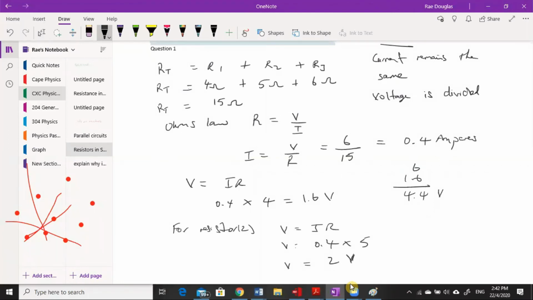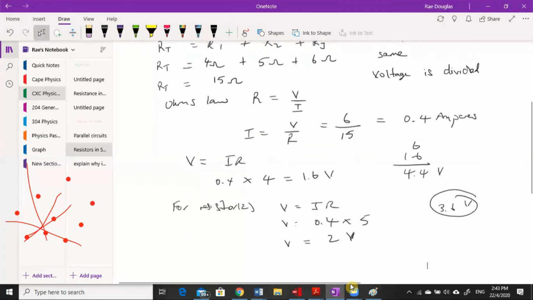So from this calculation, we can determine the voltage across the next resistor, because we expect the voltage is divided among all the resistors. So now we have 2 and we have 1.6 already, so we have used a total of 3.6 volts.